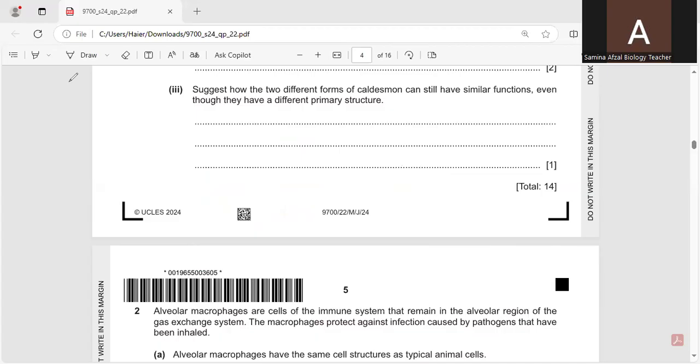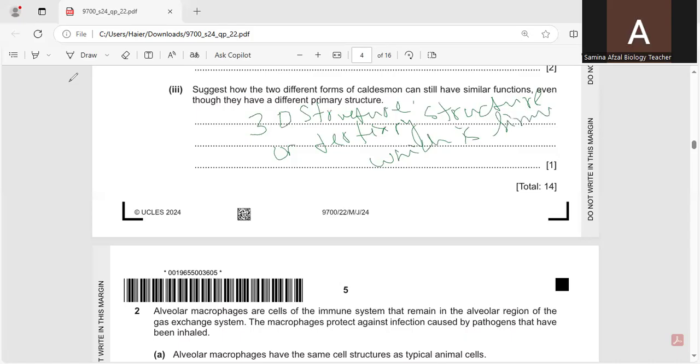So we can say that they have a similar 3D or tertiary structure. Due to similarity in the structures, they have similar functions.